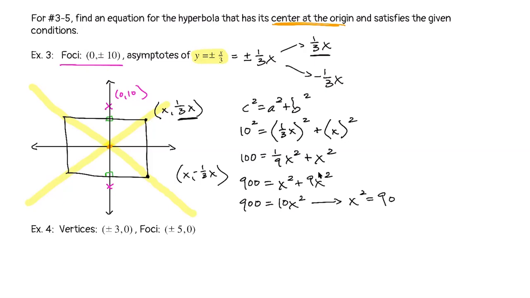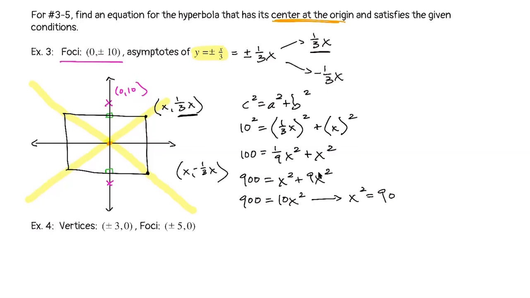And so what that means is the distance to go from the center out horizontally to the covertex is going to be the square root of 90. But in my equation, I know I'm going to square it again, so I'm just going to keep this 90, okay?